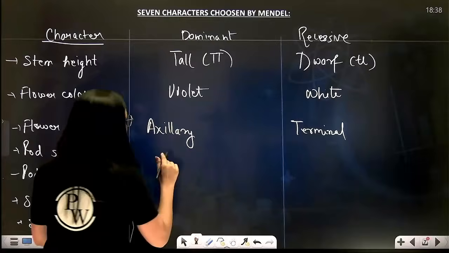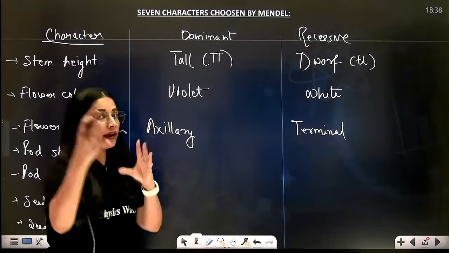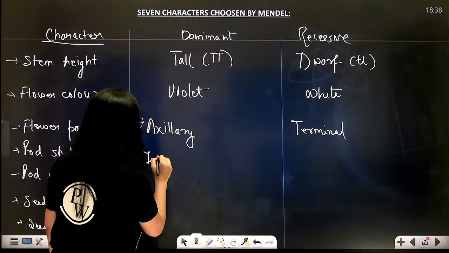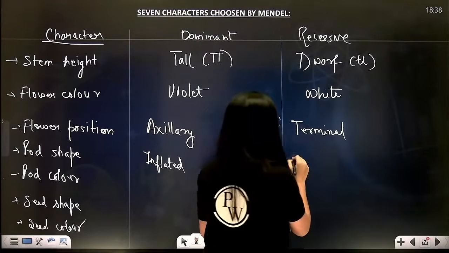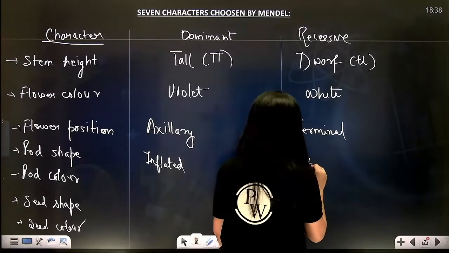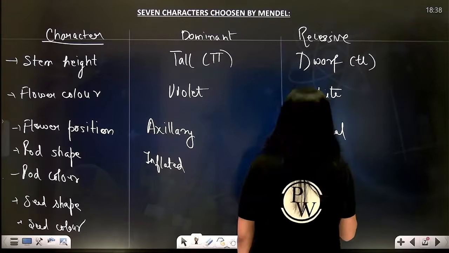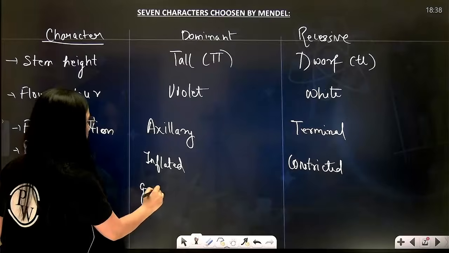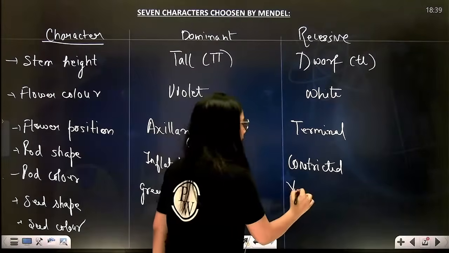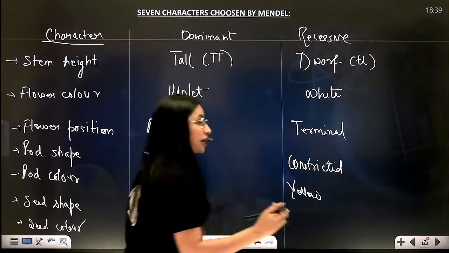Pod shape. If it is inflated, that is dominant; constricted is recessive. Right. Pod color, if it is green, then this is dominant. Recessive, yellow. Seed shape, round dominant.